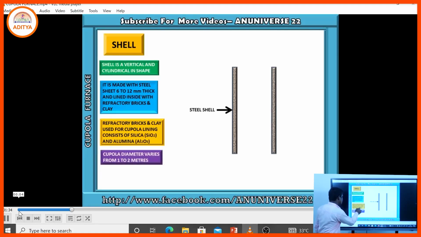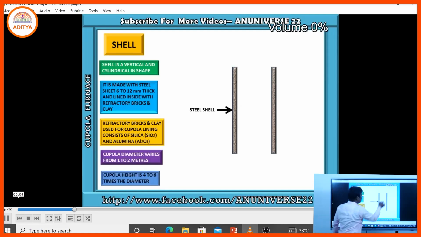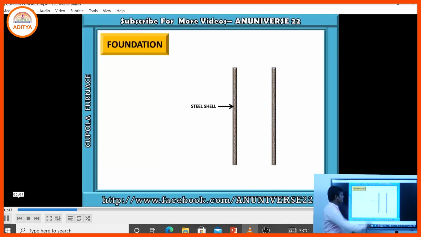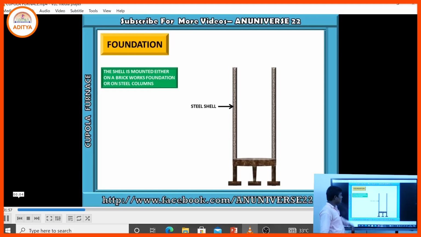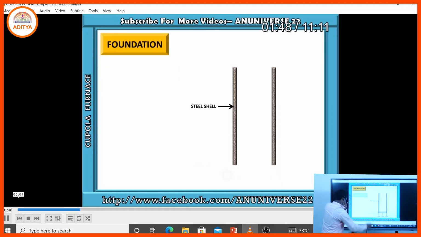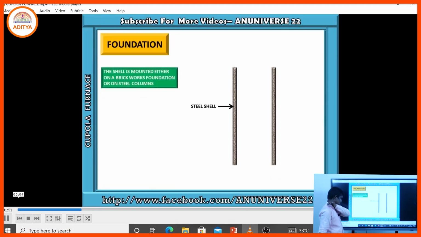Generally silica SiO2 and alumina Al2O3 are used to prepare the bricks, meaning the refractory lining inside the steel shell. The foundation is generally made of steel columns or bricks. That is the foundation, maybe steel column or maybe made of bricks. That is the steel column foundation.